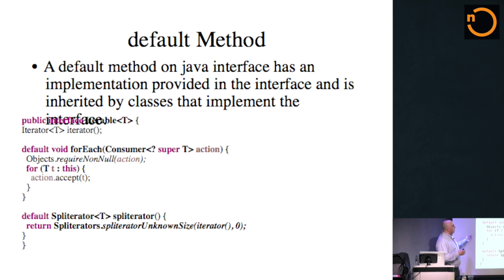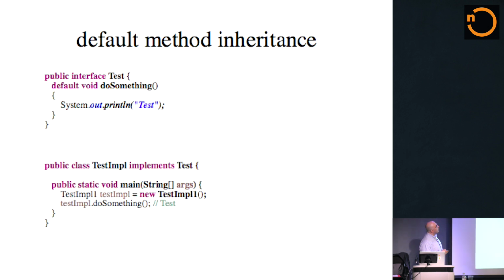The problem with an iterator is you call hasNext, and then you call next. What can happen between the hasNext and the next? Synchronization data races. So we don't want those. Therefore, the spliterator is there to allow you to create streams out of it. We'll talk about that later. So that's the default method.